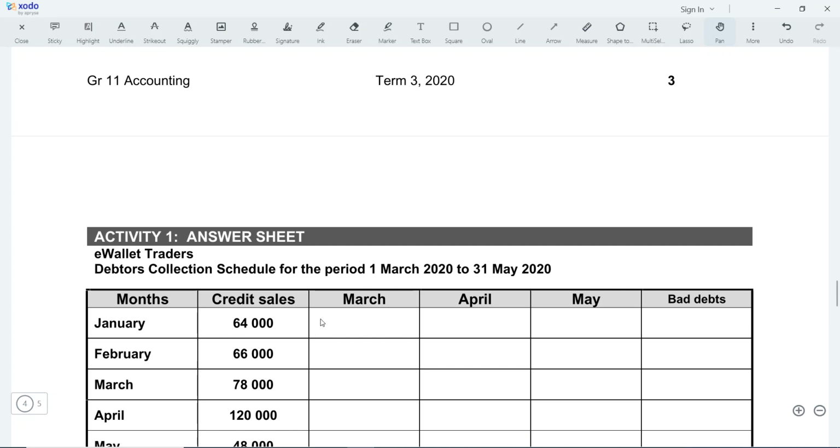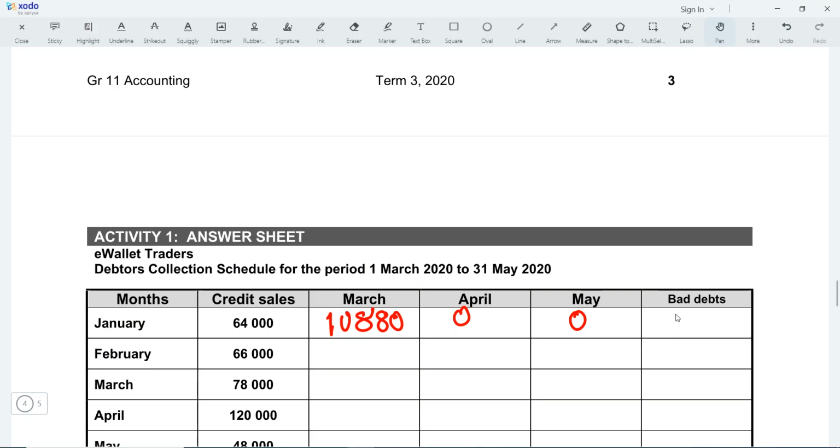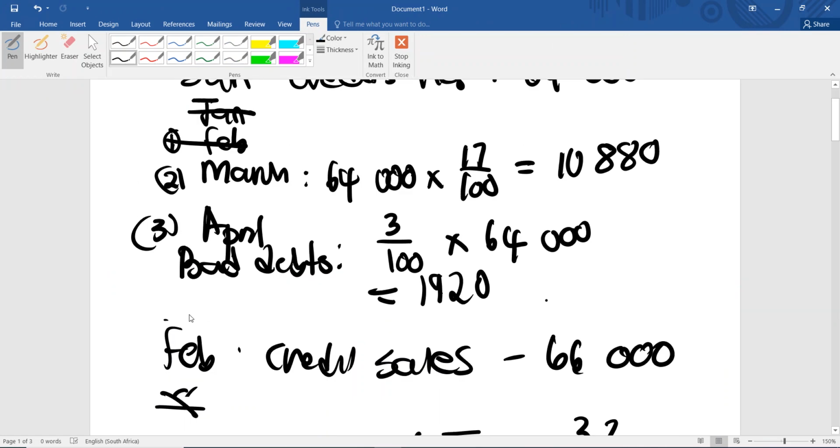Remember, the first month will be February, second March. So here we're going to write that 10,880, and here we'll collect nothing. And then the bad debts amount will be what we have here, 1,920. Okay, and then from there we go to the sales that took place in February. If you remember, this is what's happening in February. We are here.